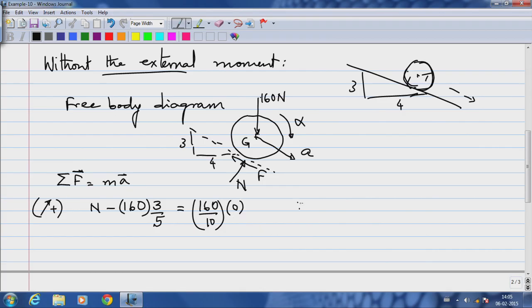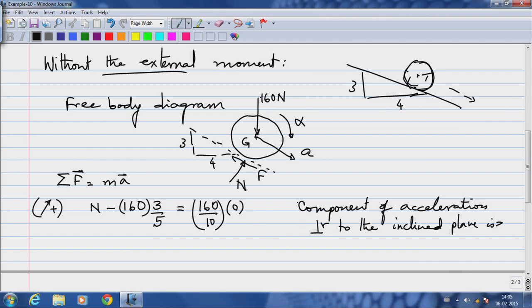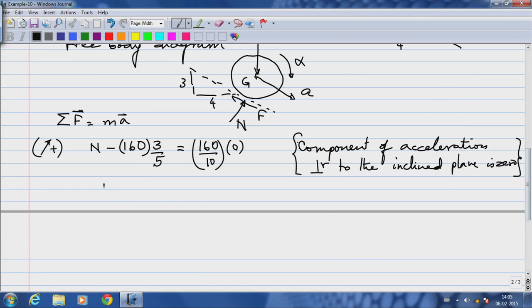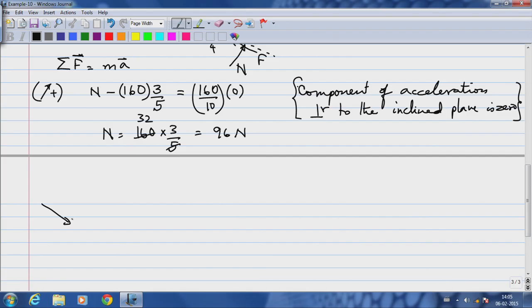So, the component of the acceleration perpendicular to the inclined plane is 0. Okay. So, this tells me that N is equal to 160 into 3 over 5, which is 96 newtons.